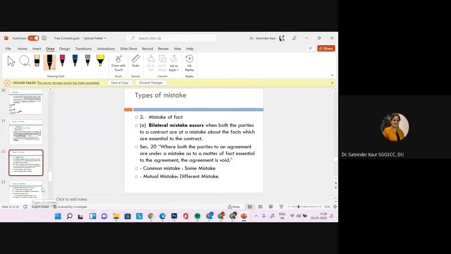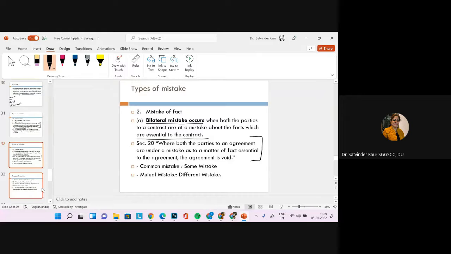Then, when we talk about mistake of fact, bilateral mistake means when both the parties are at a mistake about facts which are essential to the contract. If it is not essential to the contract, it will not be regarded as a mistake. Where both the parties are at mistake related to the essential subject matter of the contract, the agreement is void.